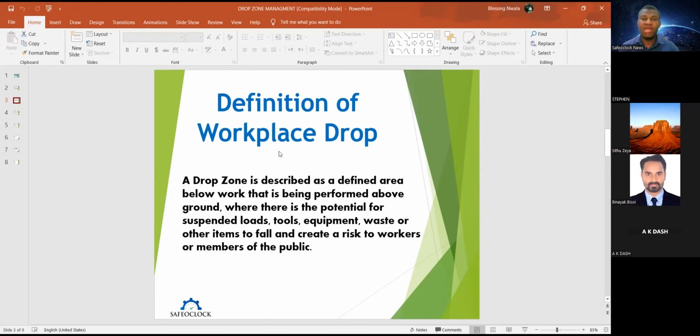Those areas that you map out, where any material that falls from height would fall, are defined as a drop zone.